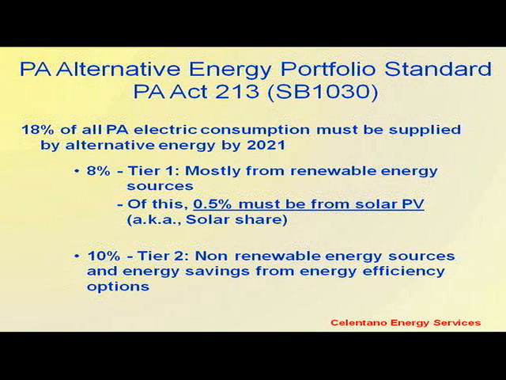So renewable energies would typically include wind, small-scale hydro, solar, and geothermal. So in Pennsylvania, 18% of electricity consumption must be supplied by alternative energy by the year 2021, 8% from Tier 1, which is the genuine renewable sources, and 1/2 of 1% will be coming from solar photovoltaics.